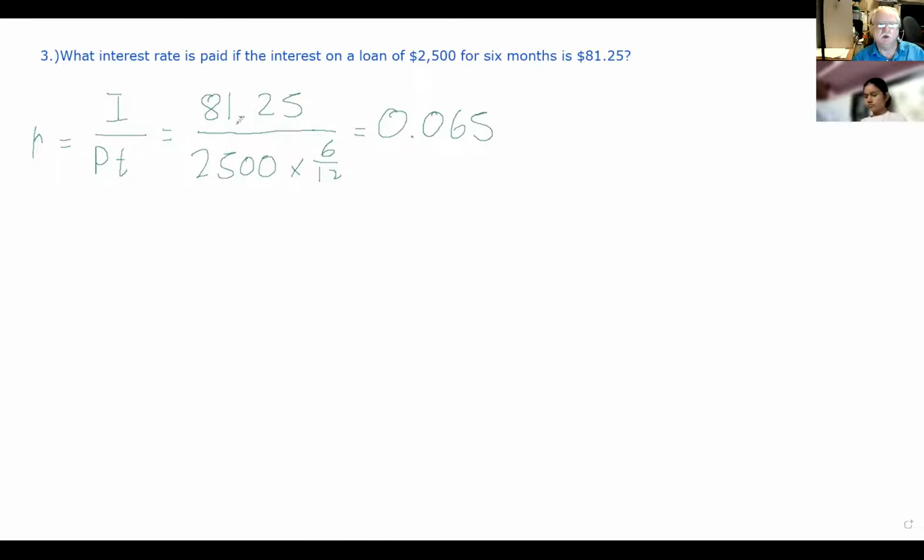So I'm getting 0.065. But whenever we're getting the rate, we're always going to have to go times 100 to turn it into a percentage. So times 100 is going to give me 6.5%.